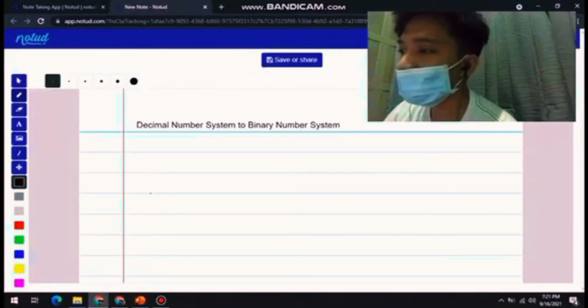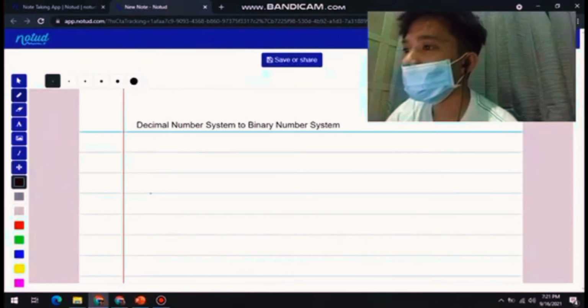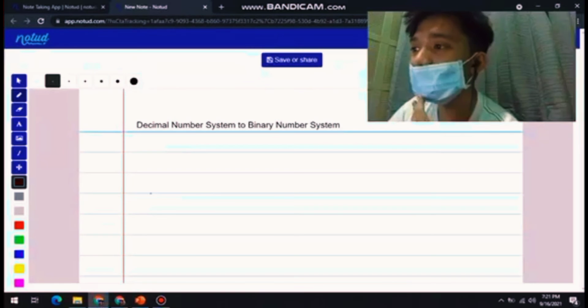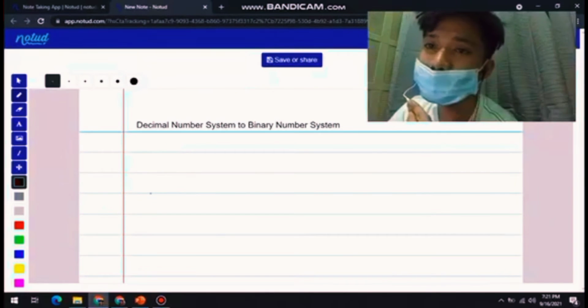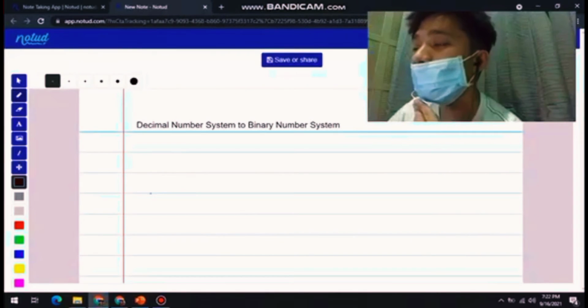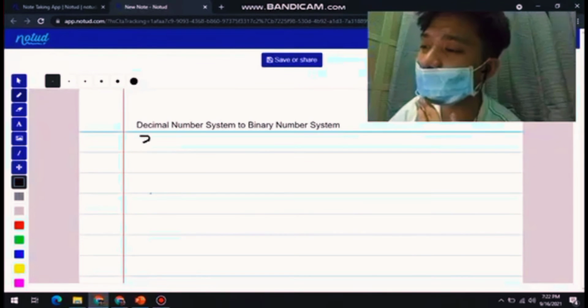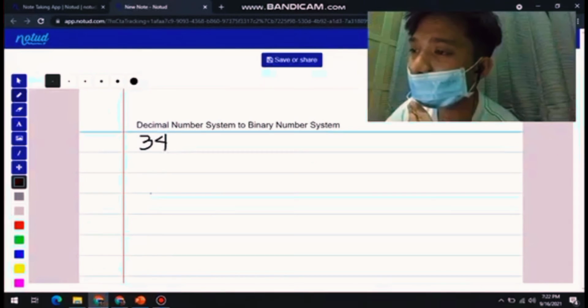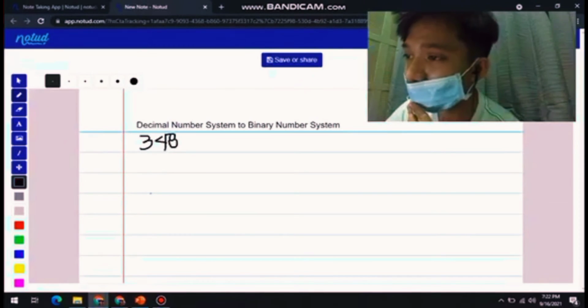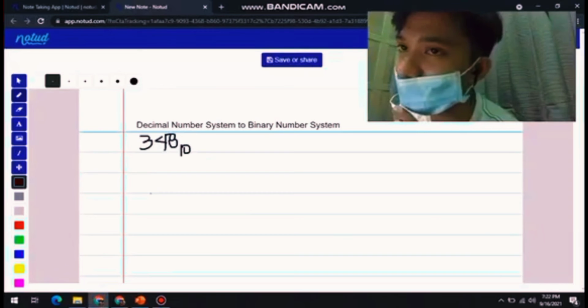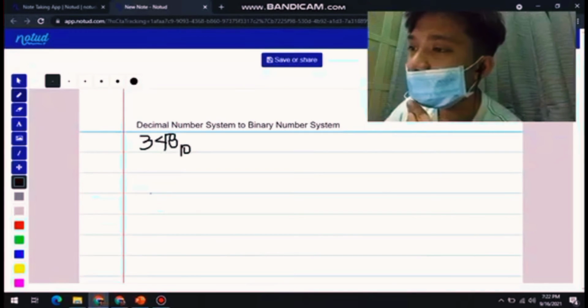So first, we will convert the decimal number system to the binary number system using the successive division method. Let's say we have the number 348 with a subscript of 10, because it represents the decimal number system.